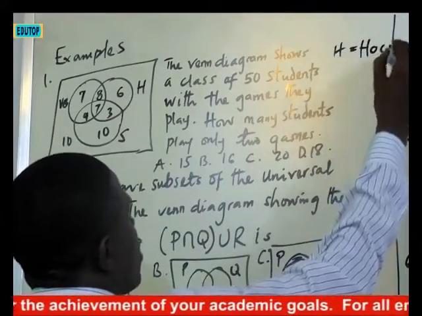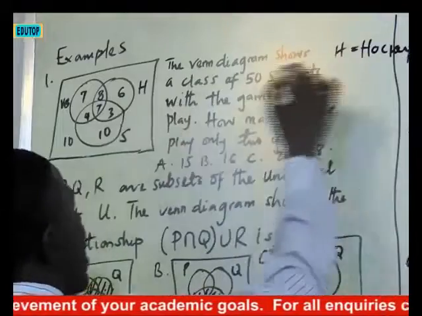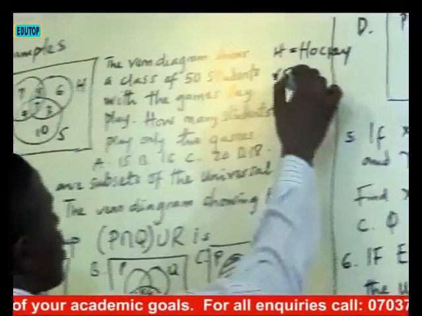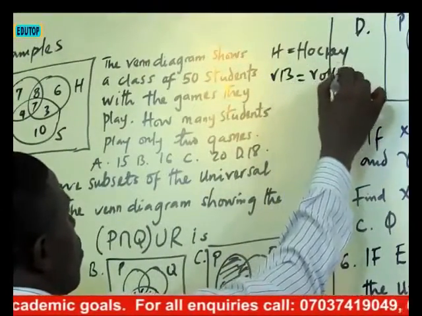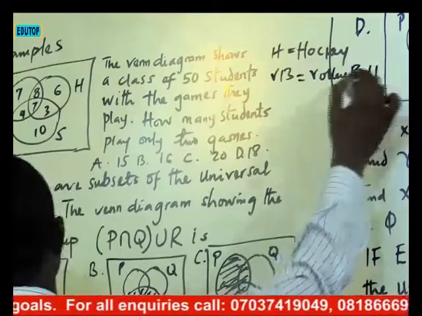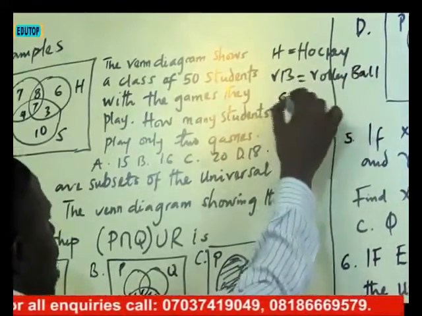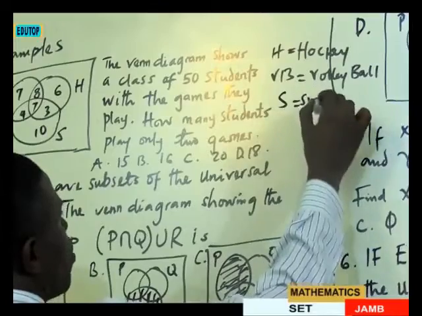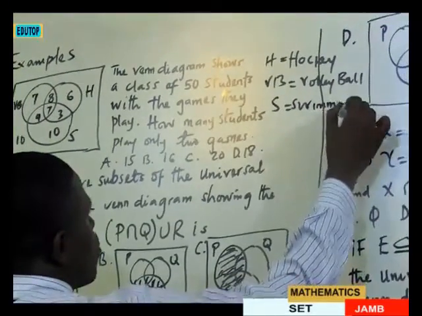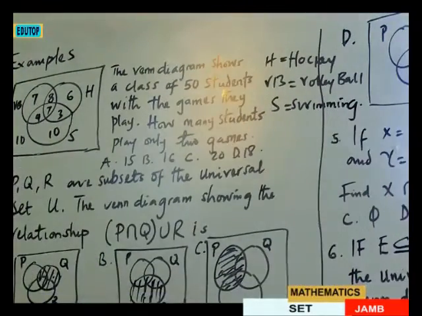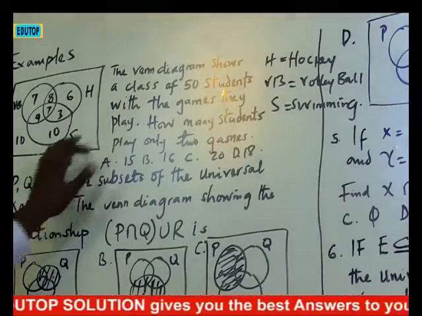H stands for hockey, while VB that you have here stands for volleyball. Volleyball. Then S that you have here stands for swimming. Swimming. So that means we have 3 sports.